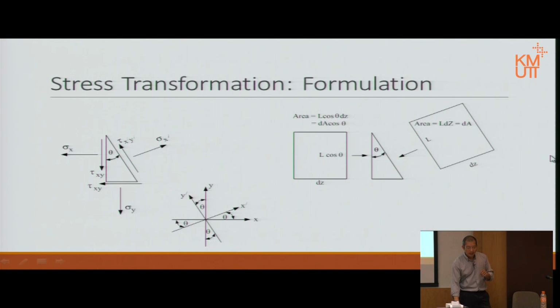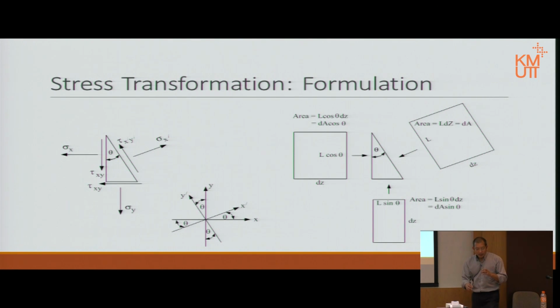Now, L dz is what we call dA. So L cosine theta dz becomes dA cosine theta. The same argument also applies at the bottom there. Then that length will be L sine theta, right there. And then of course the area becomes dA sine theta.